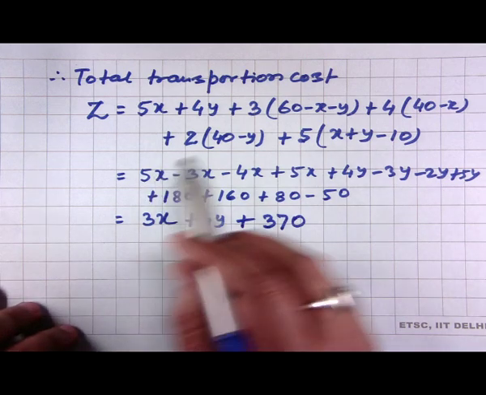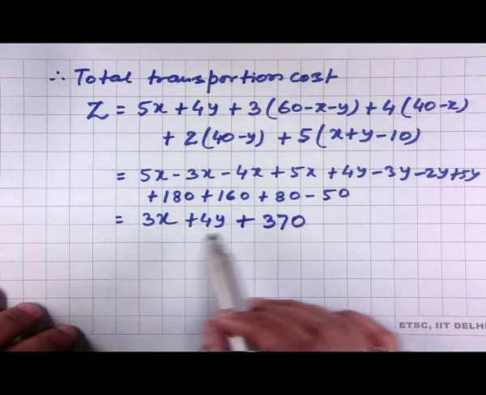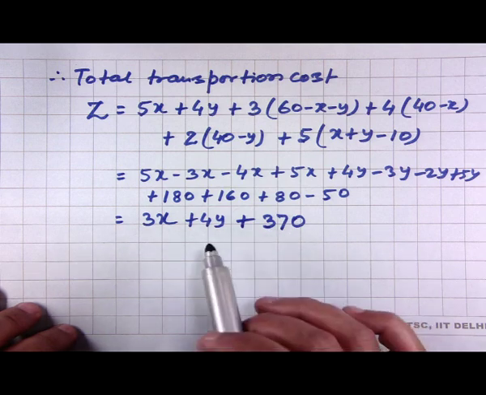So the total transportation cost is 3x plus 4y plus 370.